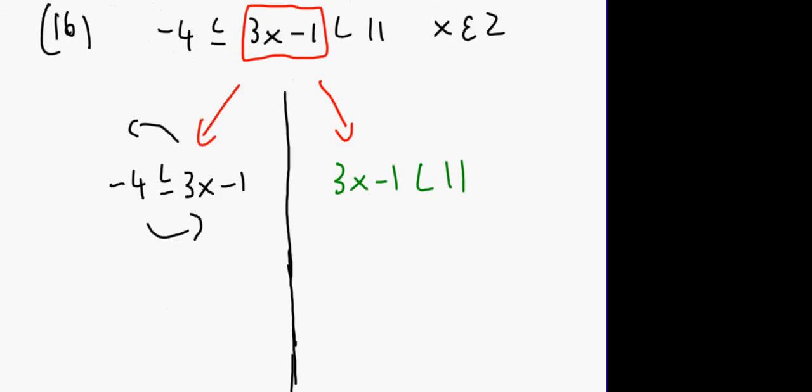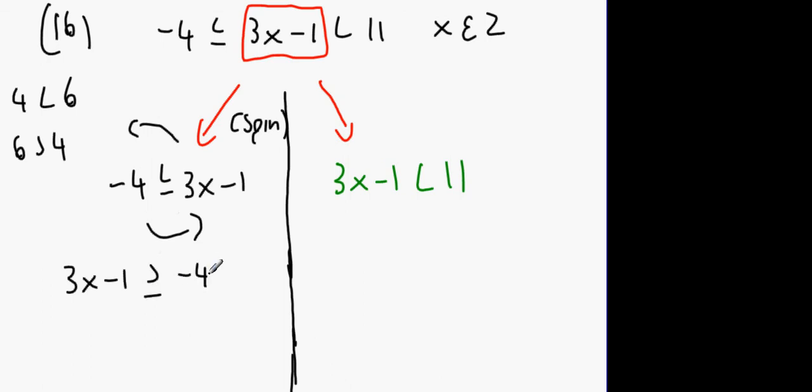If you spin it around, if you imagine you had 4 is smaller than 6, it's the same thing as saying 6 is greater than 4. So what I propose is we do a spin here, and when you do a spin or a flip, you turn everything around. So the 3x minus 1 ends up on the left. The sign also changes direction. So what this does is it basically negates the negative answer if that is your preferred way of doing it.